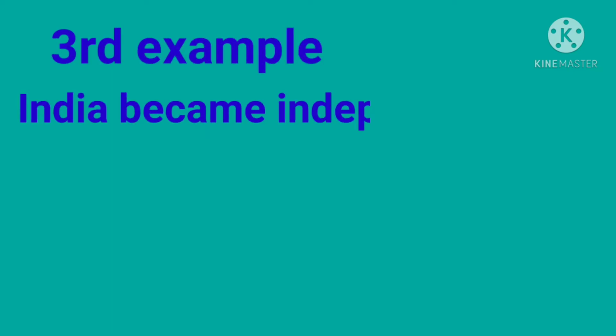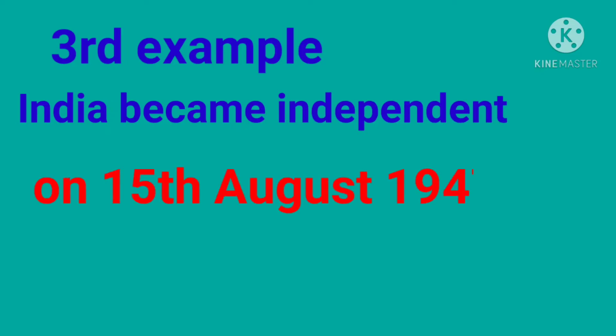Third example, India became independent on 15th August 1947. Now we do all the calculations in mind. 15 minus 14 is 1, so 1 plus month code of 8, which is 3, and century code of 19, which is 0.